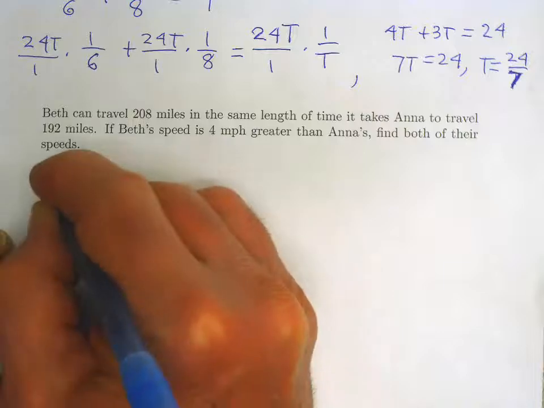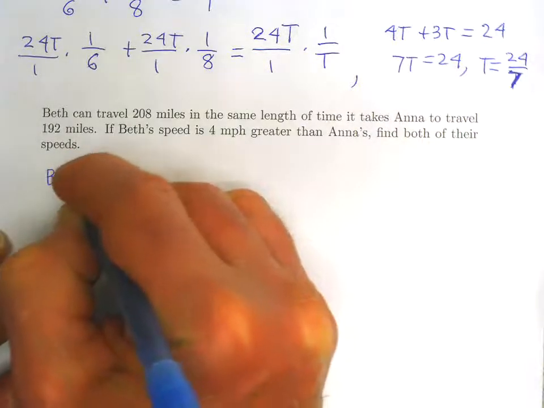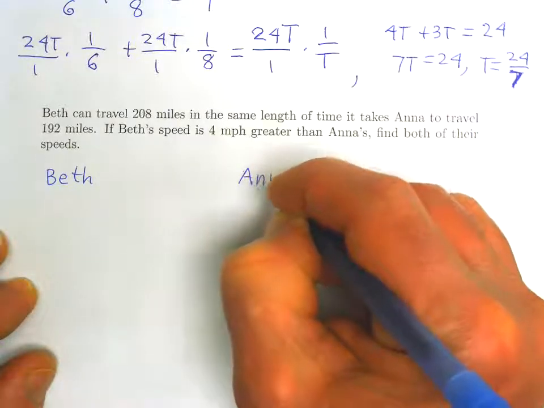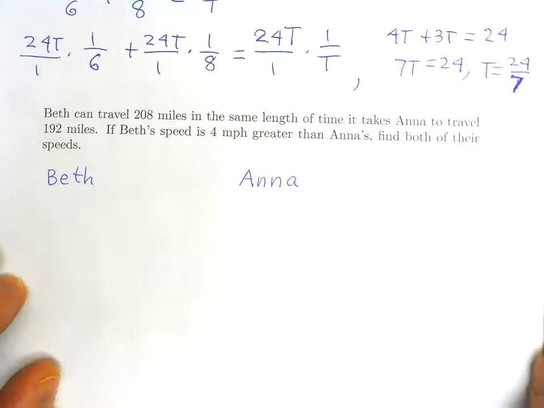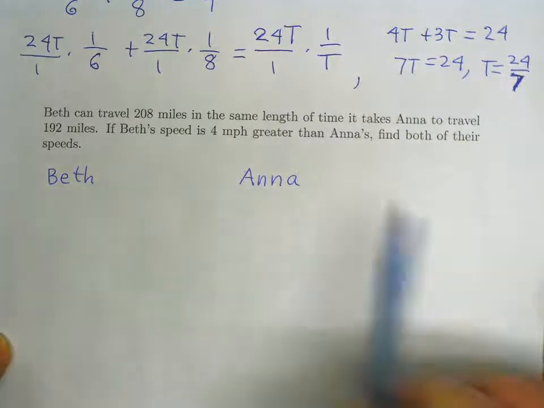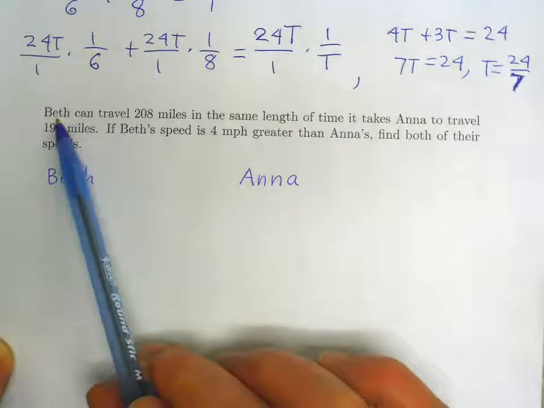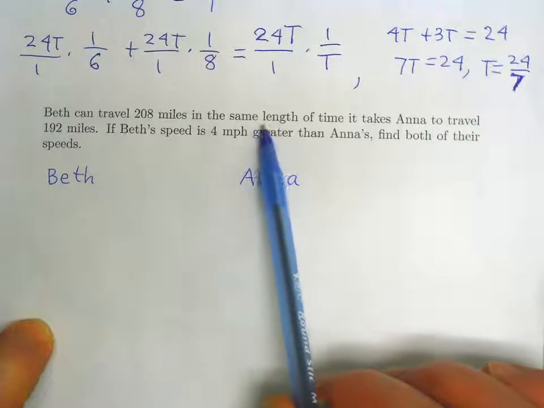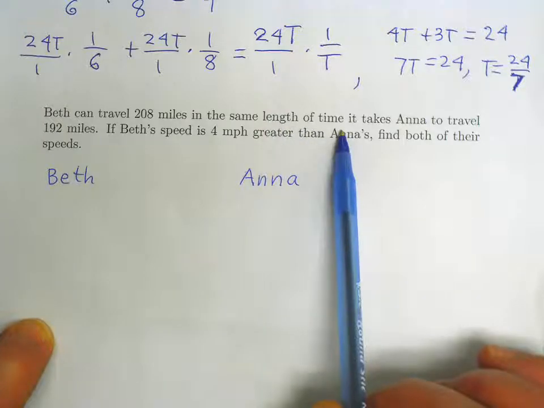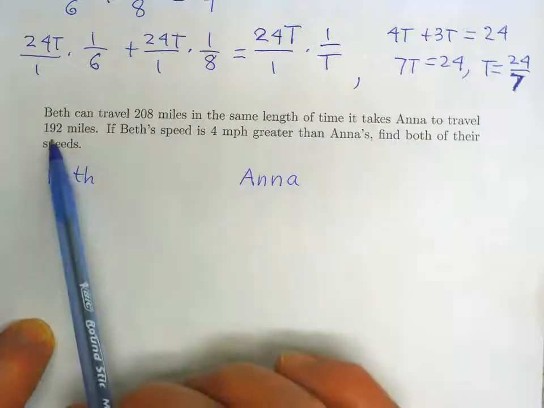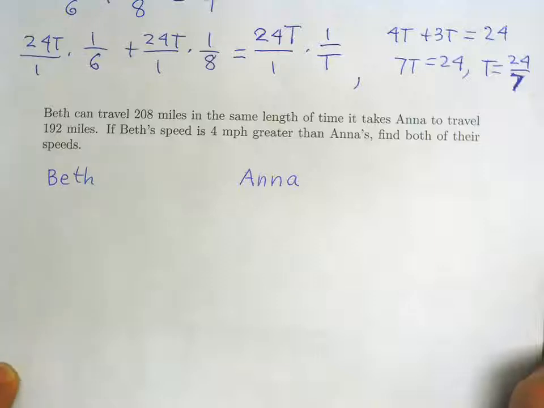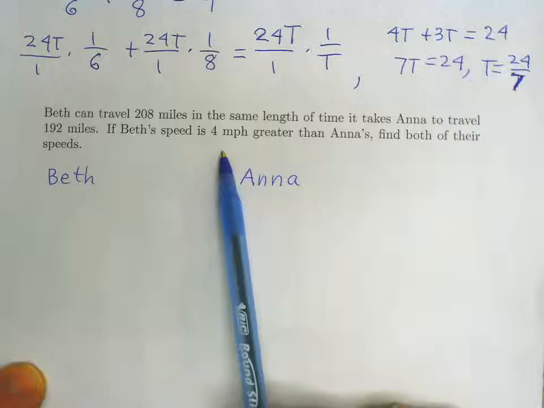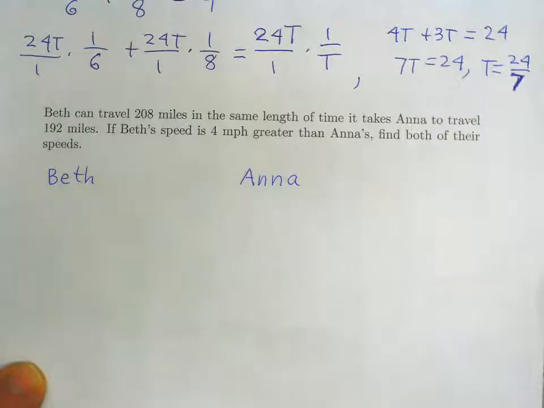So let's start with Beth, and then after that, we'll write down an equation for Anna. Okay, so the distance that Beth traveled was 208 miles. And in the same length of time, Anna traveled a distance of 192 miles. And Beth's speed is 4 miles per hour greater than Anna's.